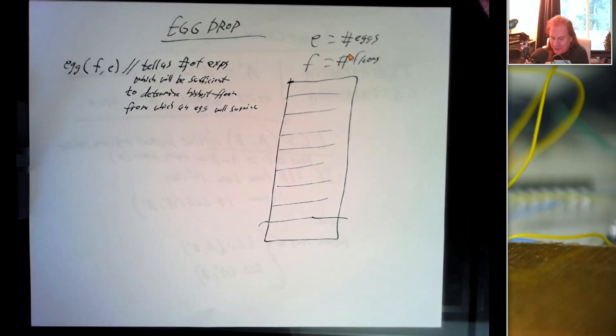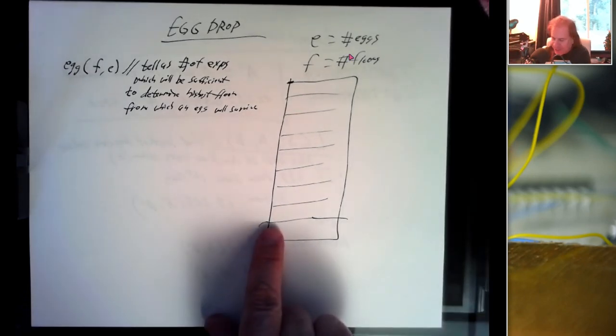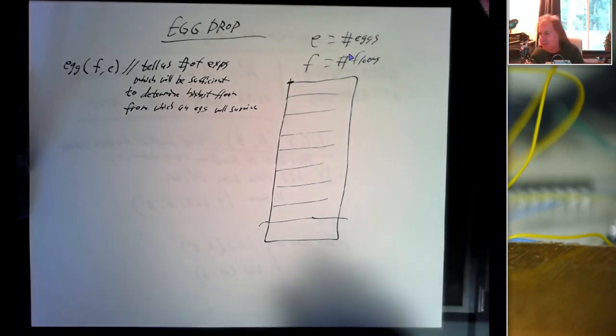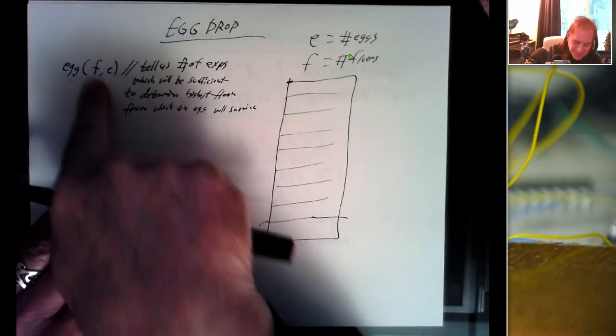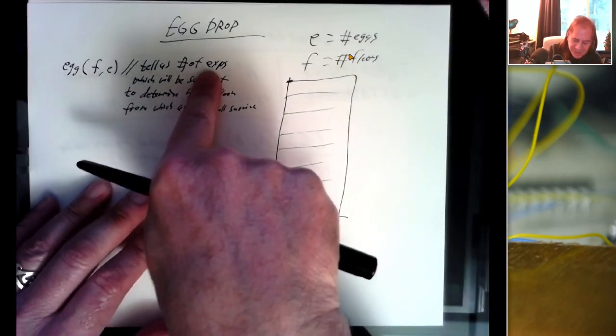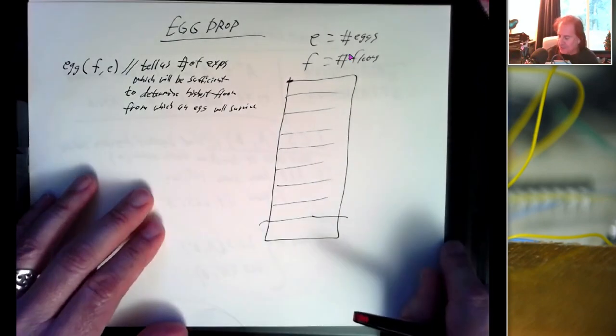It may be that we drop an egg off of floor 1 and it cracks, and hey, one experiment answered our question. But it may be that in some other case we might need more than one experiment, because maybe floor 1 it will survive. So we're looking for a function that tells us what's the guaranteed sufficient number of experiments.